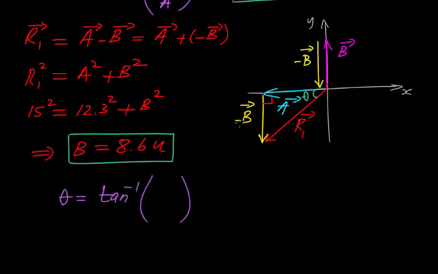Which component? The negative B component, right? Divided by A. Solving for theta here, you're going to get a similar value as before. Theta equals 34.9, but be careful, in this case the orientation is south of west.